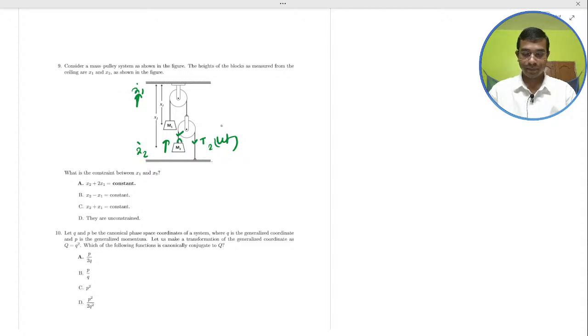Okay. This is T1 and this is also T1. Now the equation of motion, T1 equal to 2 T2. That means T1 x1 dot plus T2 x2 dot is equal to 0.